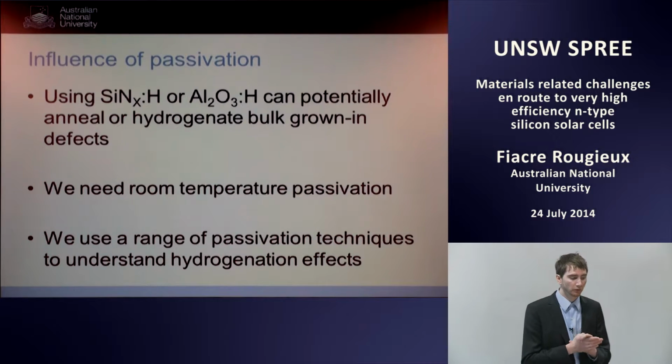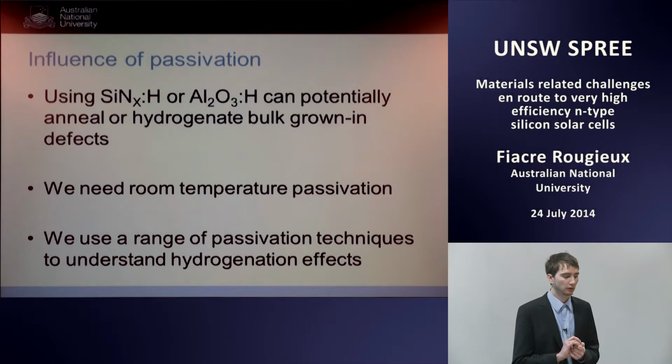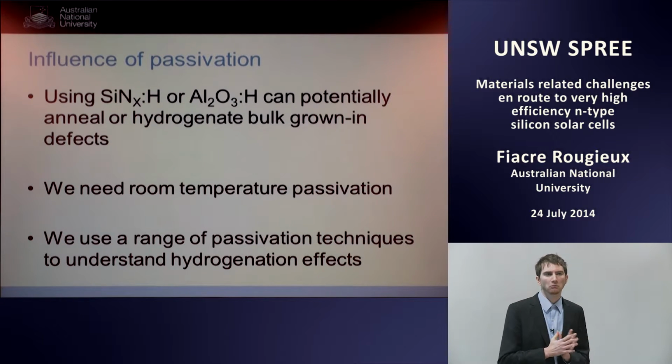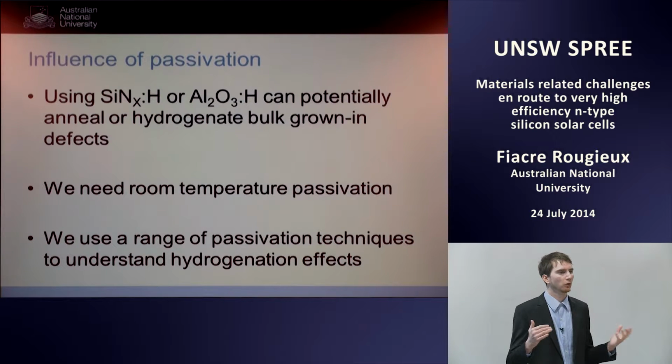Another point I'd like to make is that using standard passivation techniques like silicon nitride or aluminum oxide to do the lifetime spectroscopy, we can potentially anneal the defect. If we do a 400 degree anneal to activate the aluminum oxide, we can potentially deactivate the defect. Or if we use silicon nitride, we can potentially hydrogenate the defect.